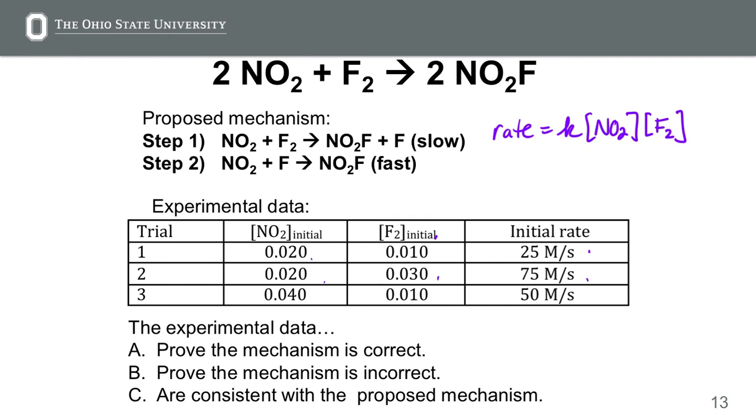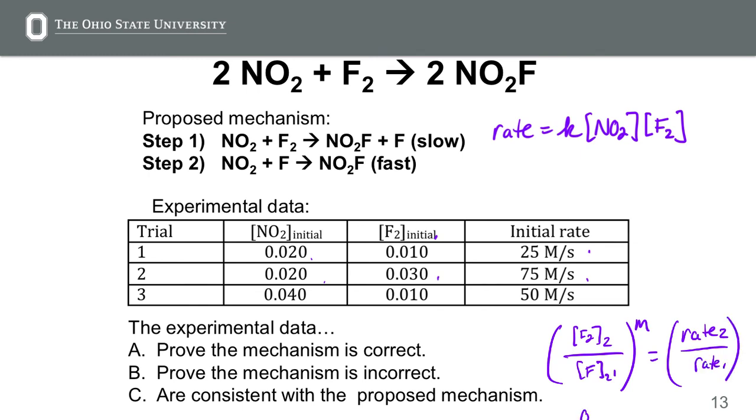For F2, we have the concentration of F2 for trial 2 over the concentration of F2 at trial 1 raised to some power is equal to the rate for trial 2 over the rate of trial 1.